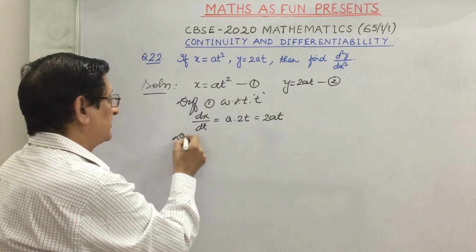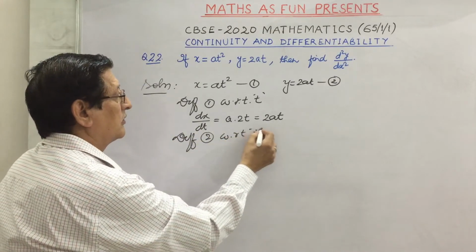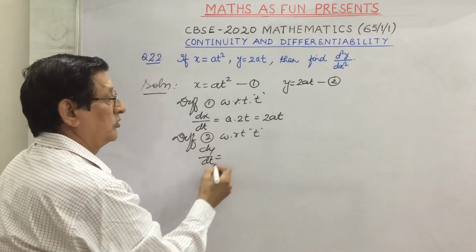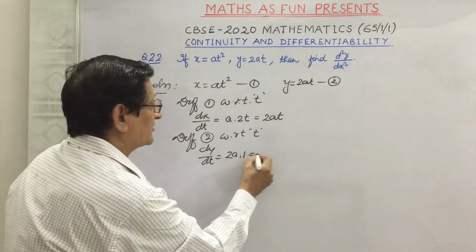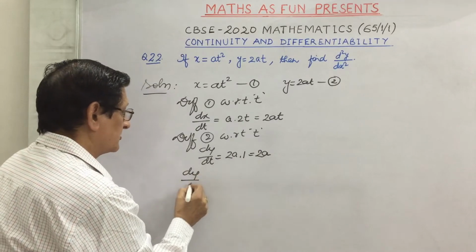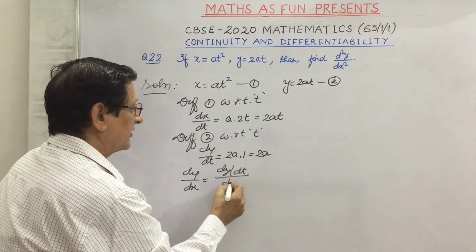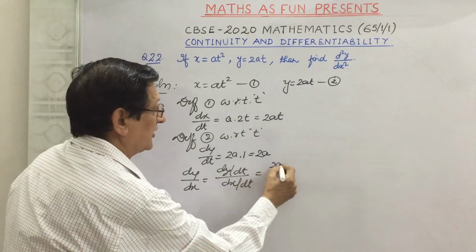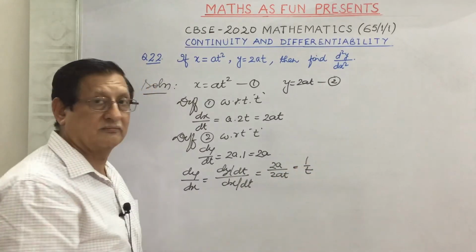Now we differentiate 2 with respect to t, and we will have dy by dt equal to 2a into 1, derivative of t is 1, and that is 2a. To find out dy by dx, we have to divide dy by dt by dx by dt, and here this is 2a upon 2at, which comes as 1 upon t.